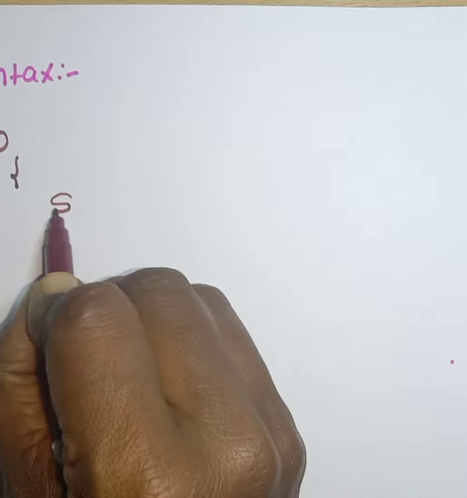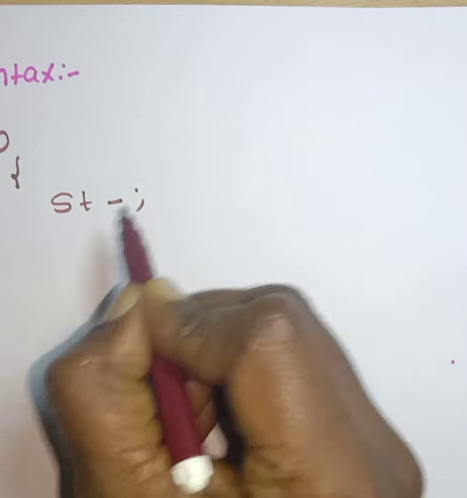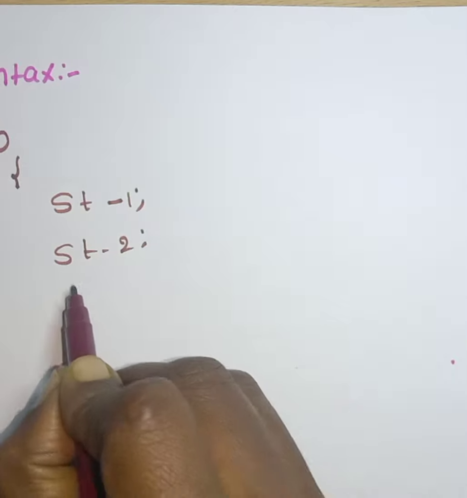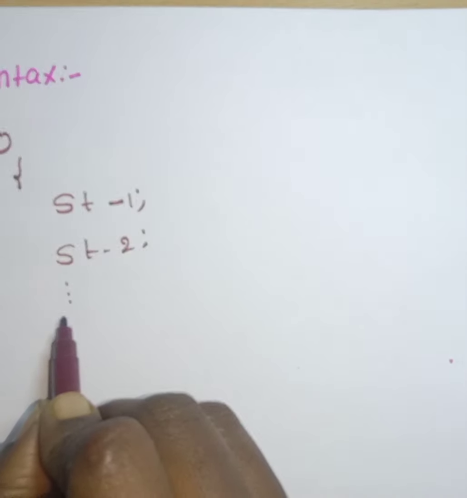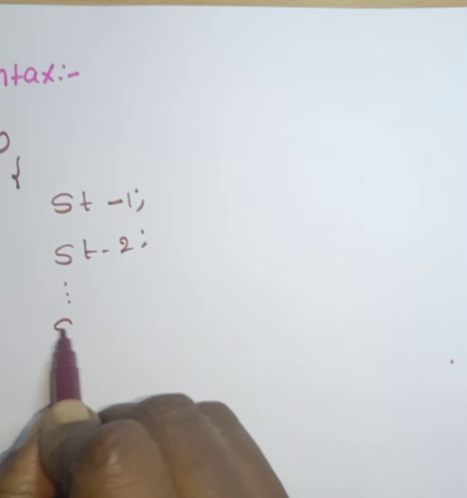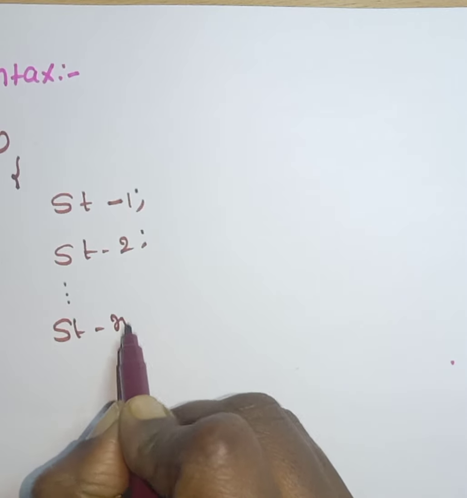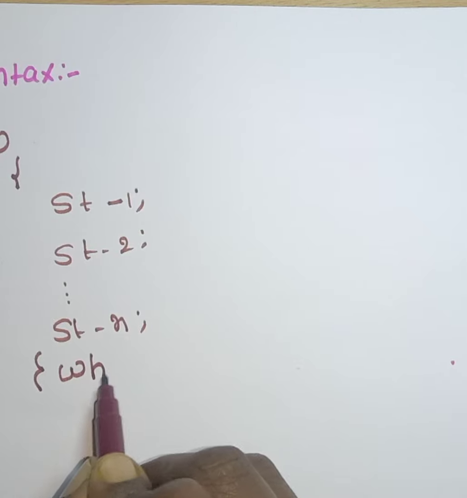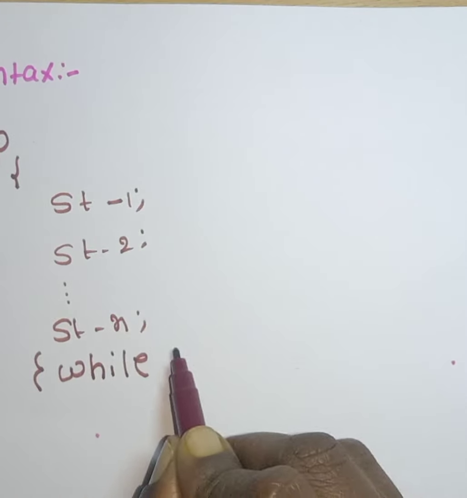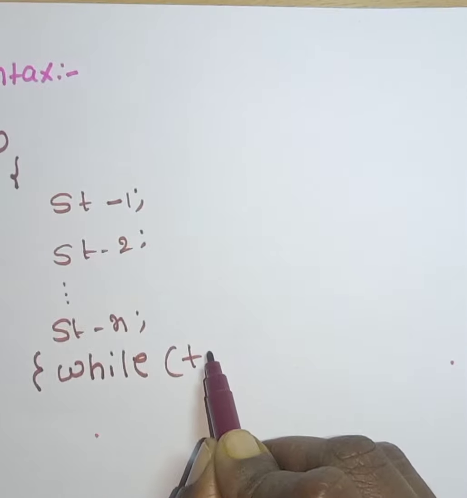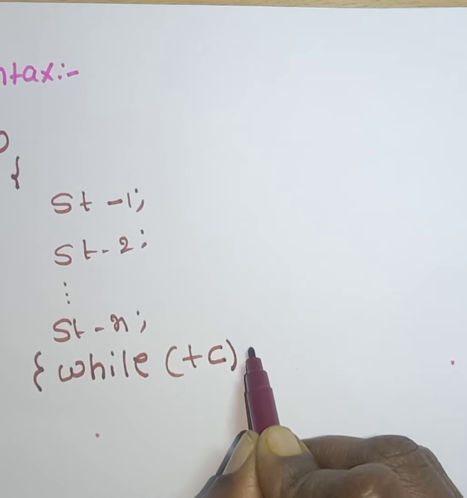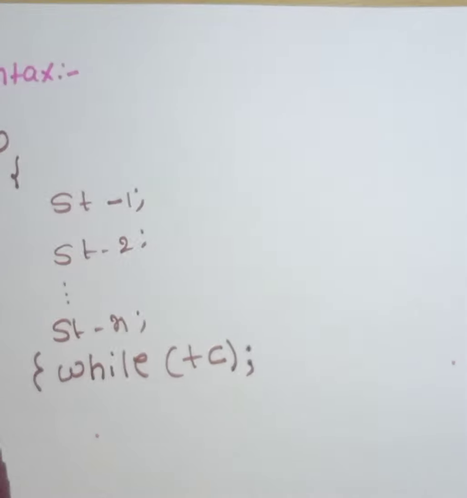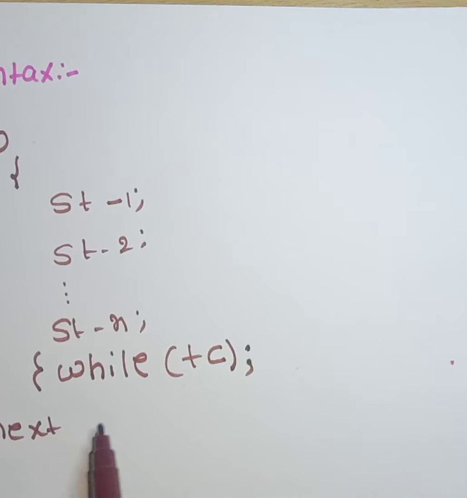Here you are going to write statement 1, statement 2, any number of statements you can write here, statement n, and here we check the condition with while and the test condition. Let us take only TC, and here you have to write the semicolon. And next is the next statement.